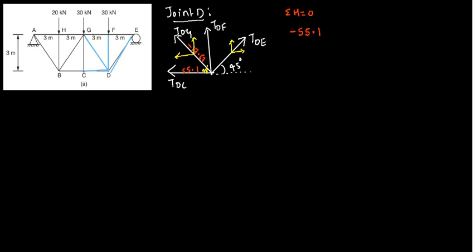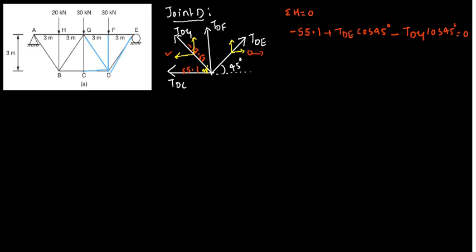I write minus 55.1. Then again this force TDE is in the positive direction, therefore plus TDE, and since it makes an angle of 45 degrees with respect to the x axis, cos 45. Another force is there, this one, in the negative direction: minus TDG cos 45 is equal to 0, right.